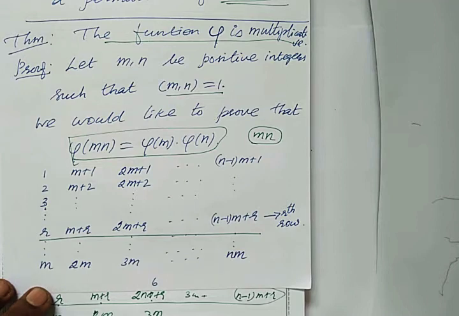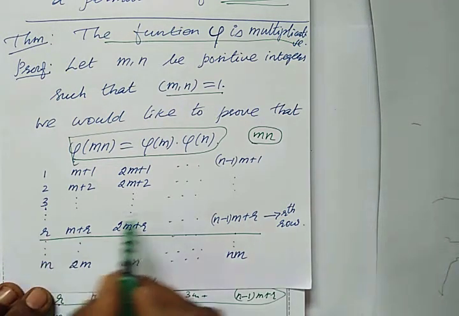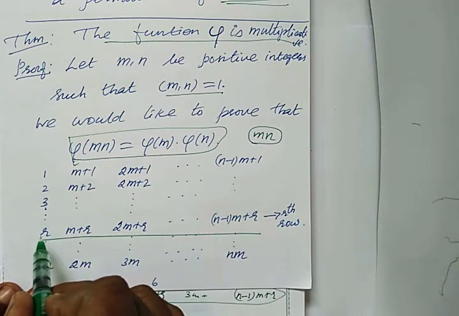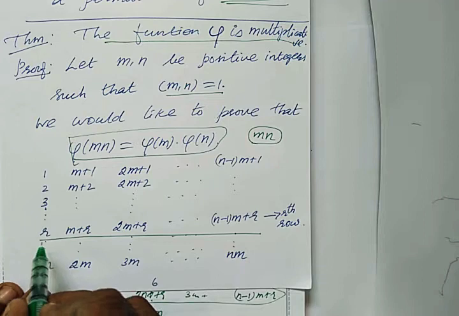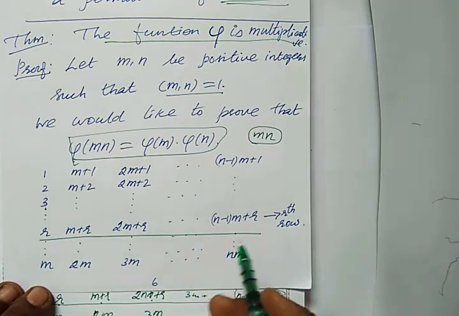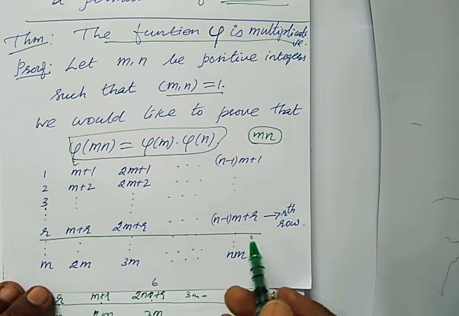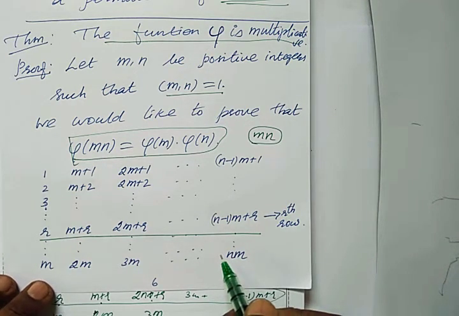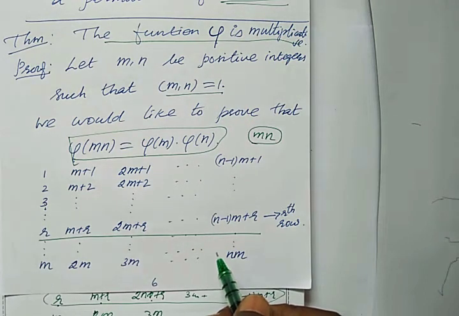In the last lemma we saw that if you take any row and divide the integers by the number n, we will get distinct remainders, that is from 0 to n minus 1. We will get all the remainders, least residues.